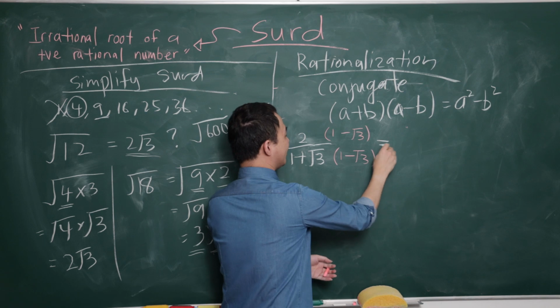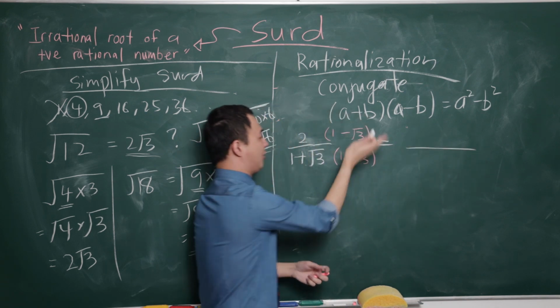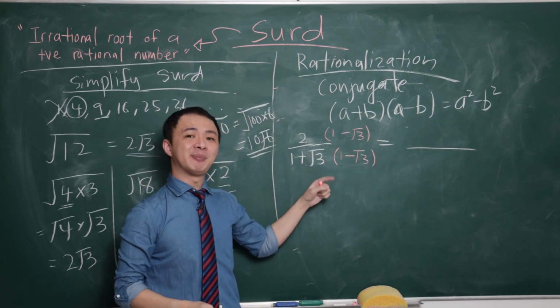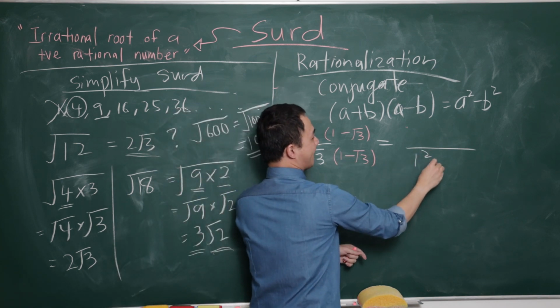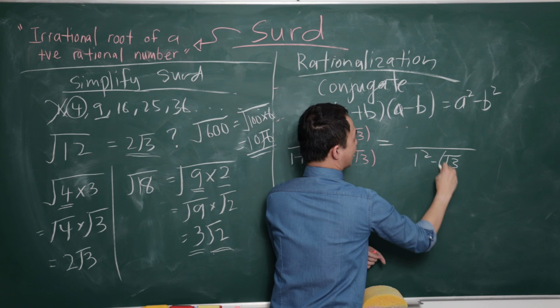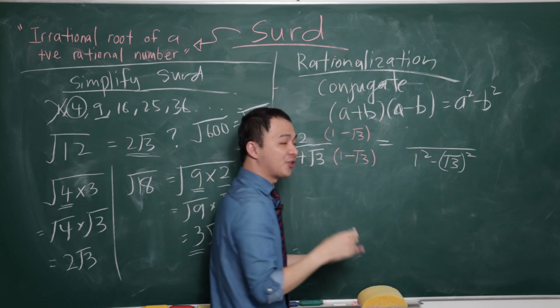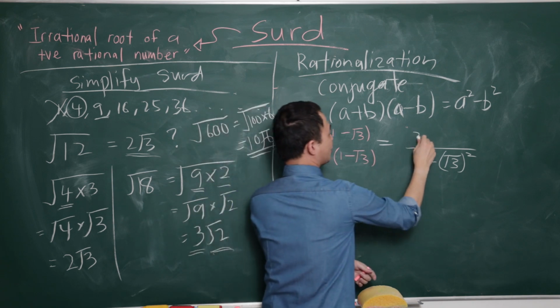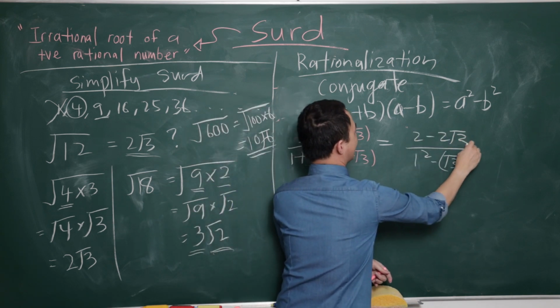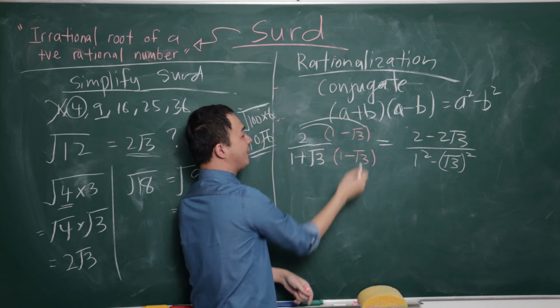So from here, because of this law, a plus b multiply a minus b, I actually get what? a squared minus b squared. My b is square root 3, right? And then the top is basically, I just multiply normally, which is 2 minus 2 square root 3. I just multiply 2 for both of them.